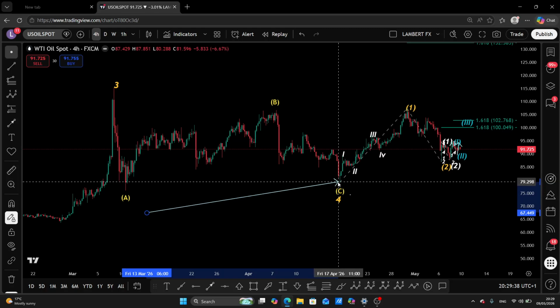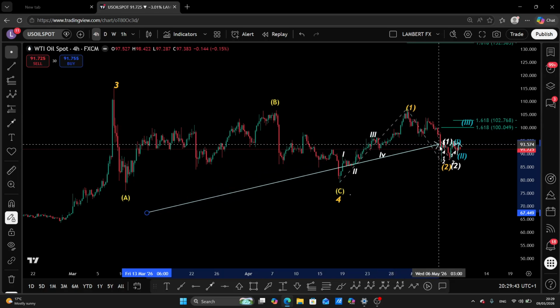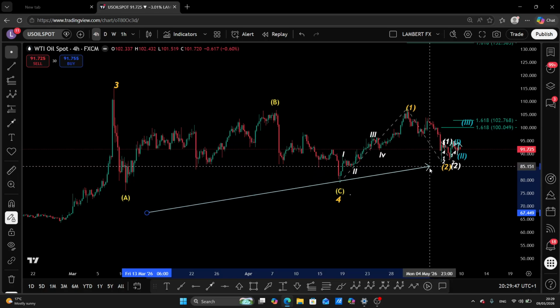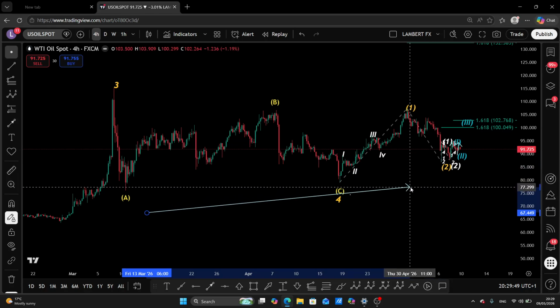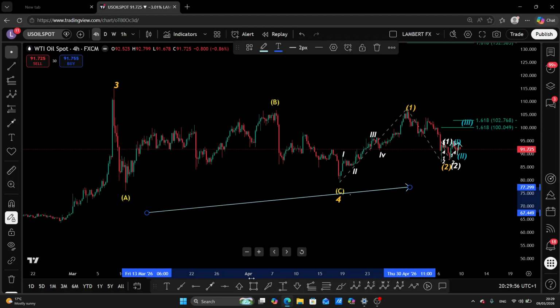So this correction ended here. So I don't think we should be expecting any more push to the downside. And I'll give you my reason why we may be pushing up from Monday.